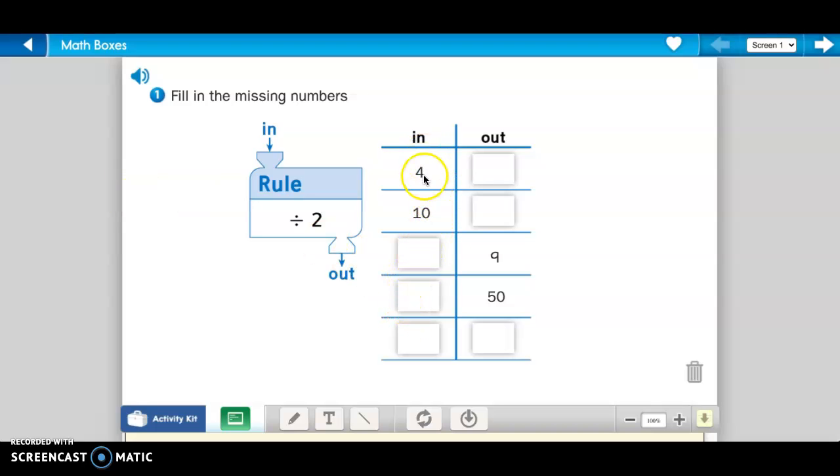So remember, I drop 4 in, and then I go across with my rule. 4 divided by 2 equals what? Remember, dividing by 2 is like saying you're going to cut this in half. 4 in half is what? 10 in half is what, right? 10 divided by 2 equals what? Oh, but look, we have our out. If we have out, it's like putting it back through the machine the wrong way.